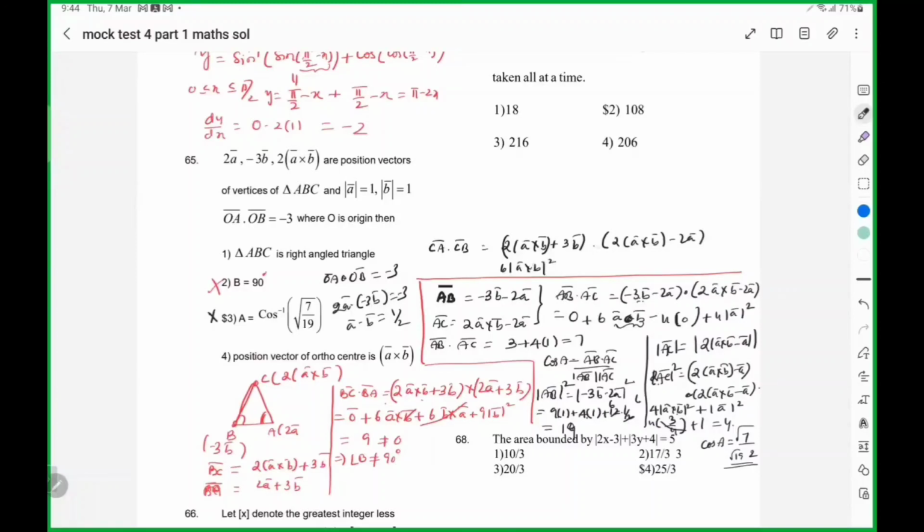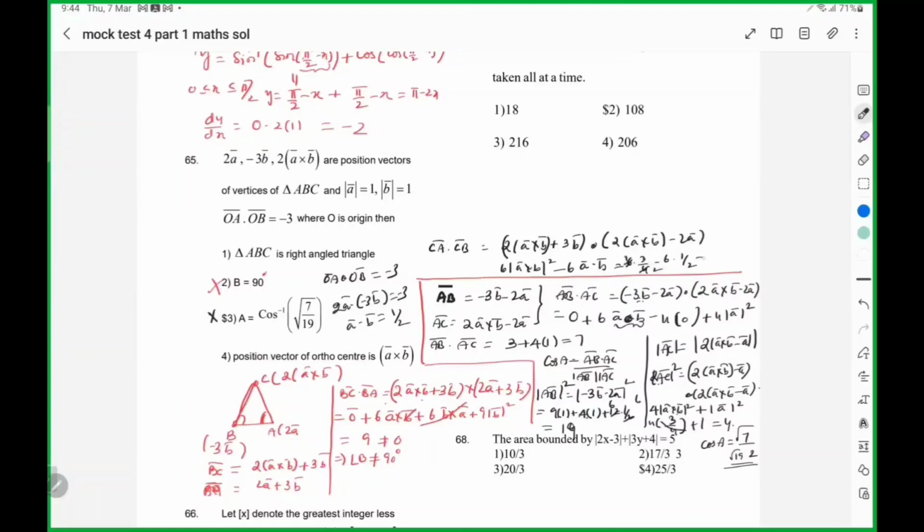A cross B dot A is 0, B dot A cross B is 0. 6 times A dot B. Mod of A cross B, as in the earlier case we discussed, is 3 by 4. A dot B is half.